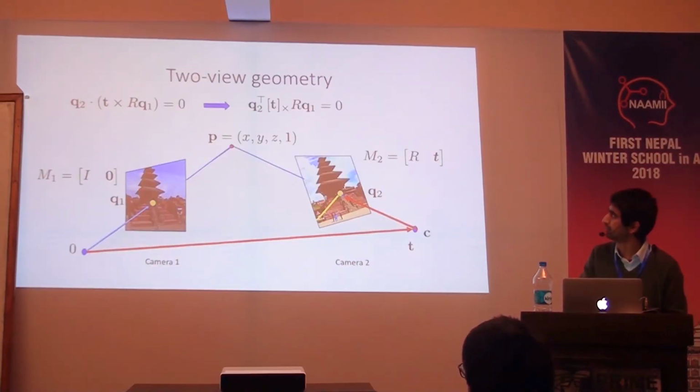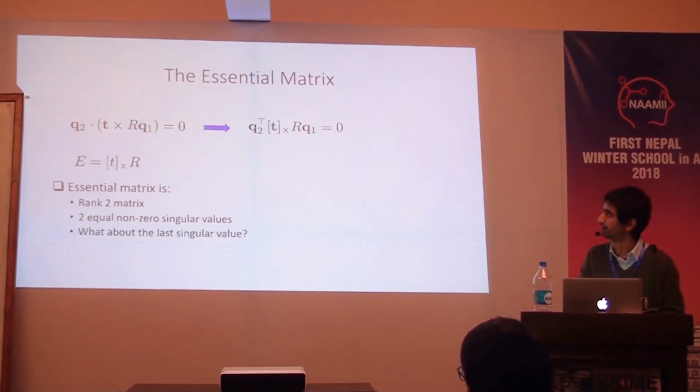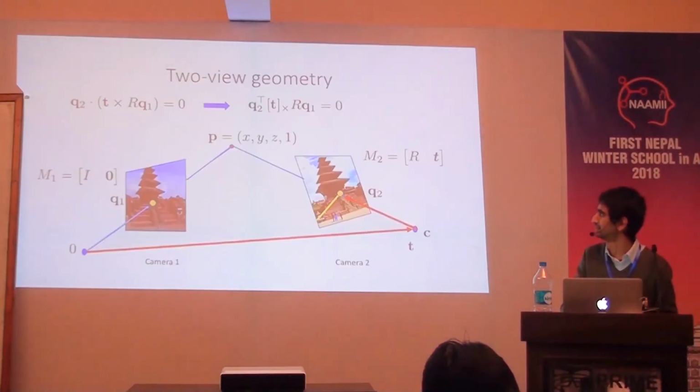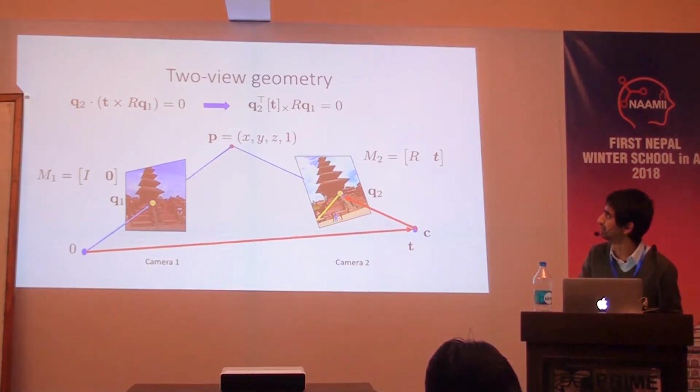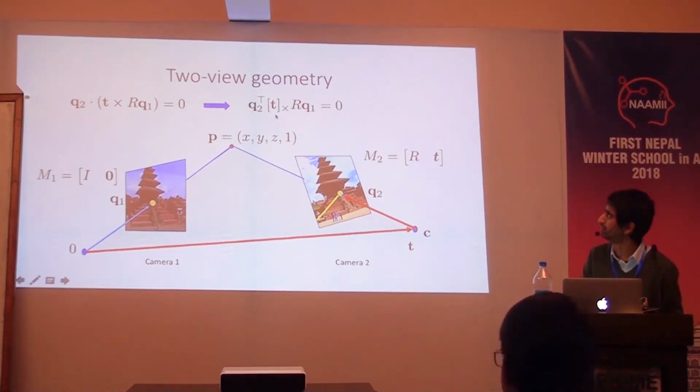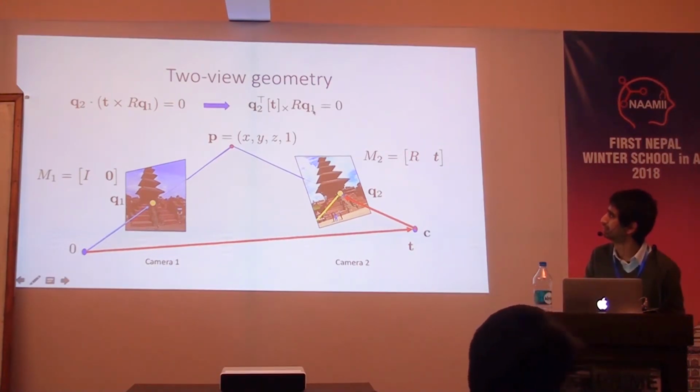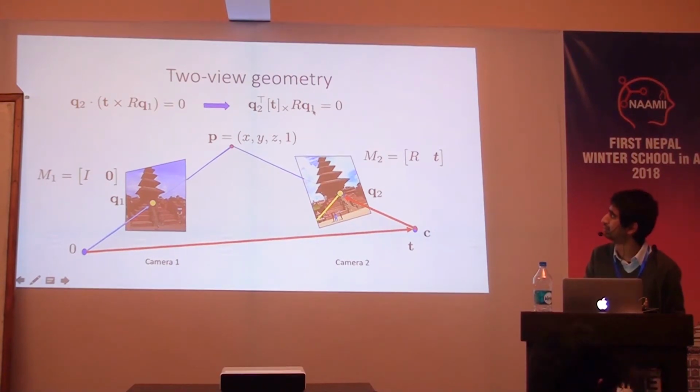So can you say why E is rank 2 from this diagram? Let's see, what is E times Q1? E times Q1 is a vector whose dot product with Q2 is always 0.